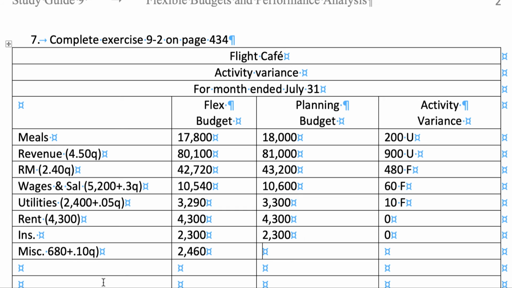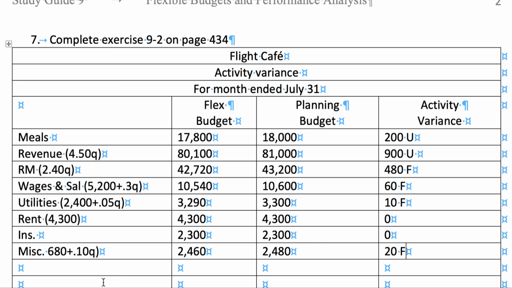Under the planning budget, well, it's 2,480. There is a difference of $20. Now, is that difference favorable or unfavorable? Hopefully you said favorable. Why? Because the flex budget is less than the planning budget, so we are favorable here.